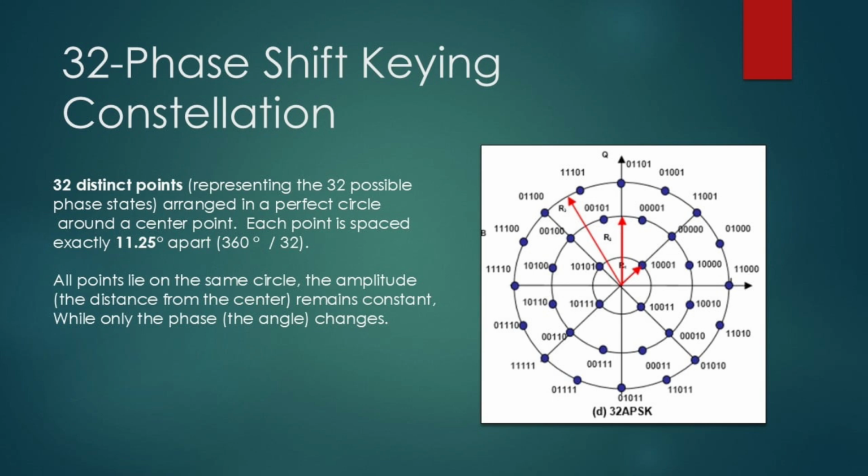A 32-phase shift-keying constellation has 32 distinct points arranged in a perfect circle around a center point. Each point is spaced exactly 11.25 degrees apart, or 360 degrees divided by 32. All points lie on the same circle. The amplitude remains constant while only the phase changes.